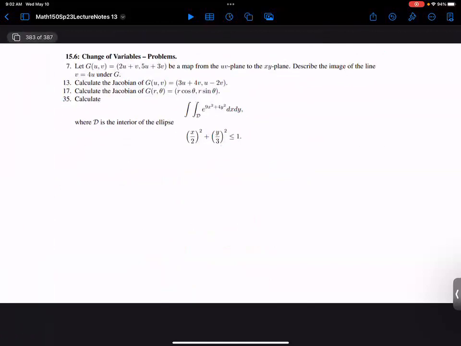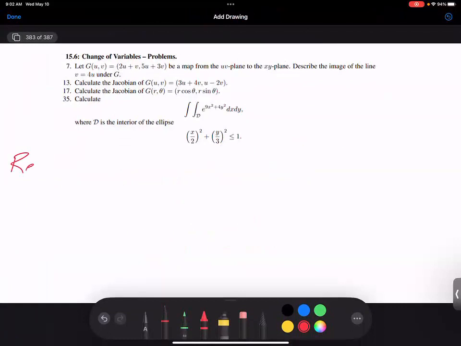For this one, we have the region x over 2 squared plus y over 3 squared is less than or equal to 1.